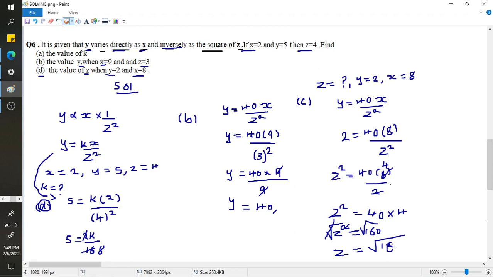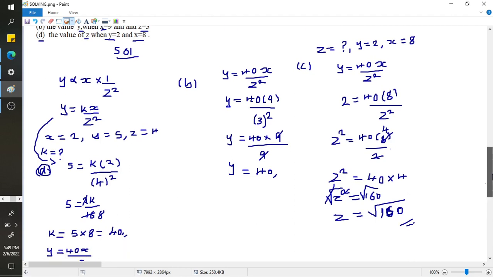That's 160, sorry. Let me just write this properly, so you're able to see. Okay, so that's 160, right? So this is paper 1. So since it's paper 1, you can just leave it like that, or you can simplify it.